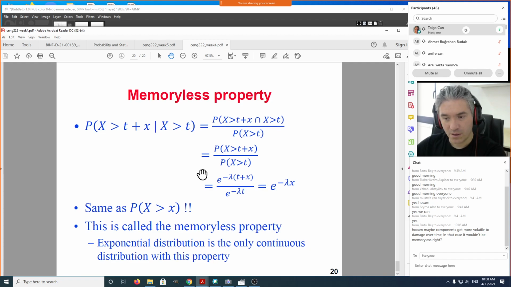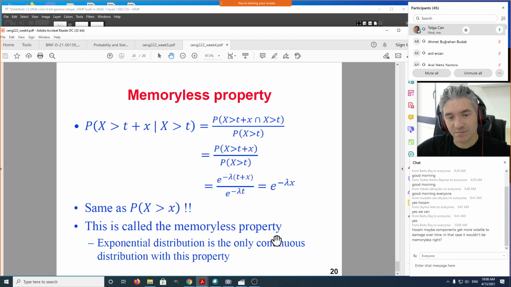So for devices which can get damaged over time, having an exponential random variable for them may not be the right thing to do. But if you think about bus waiting times, or waiting time until the next win, they are exponential. Time does not work on them, time does not damage them.